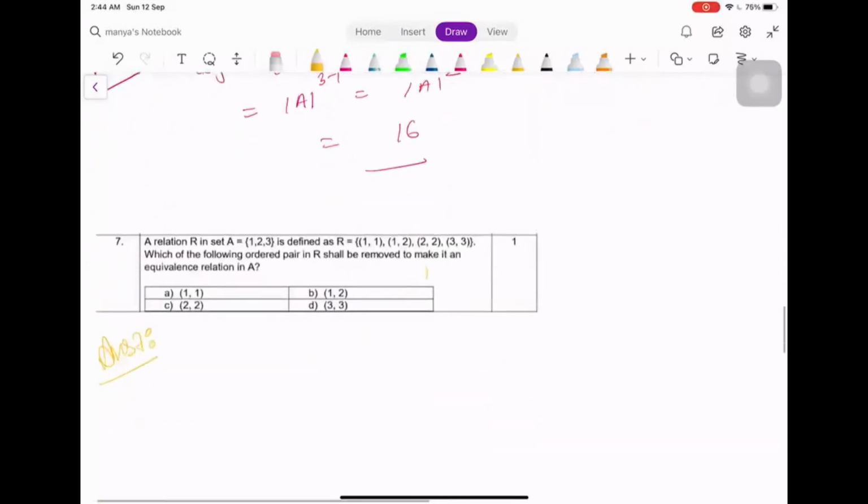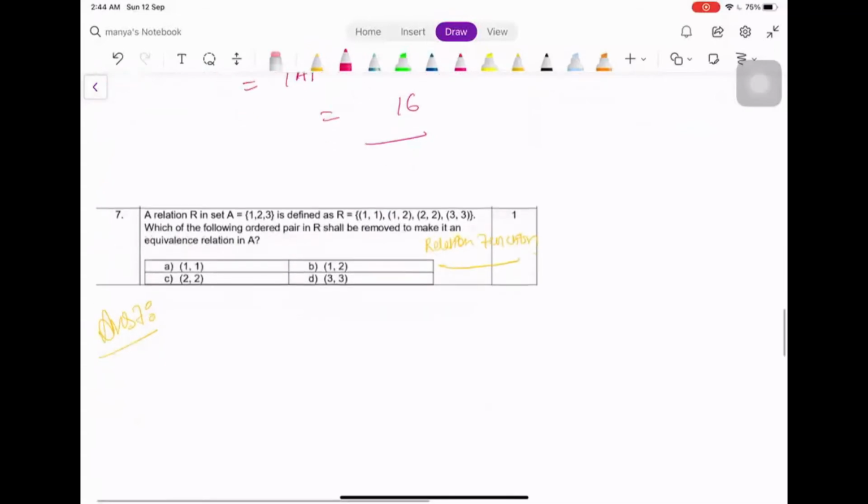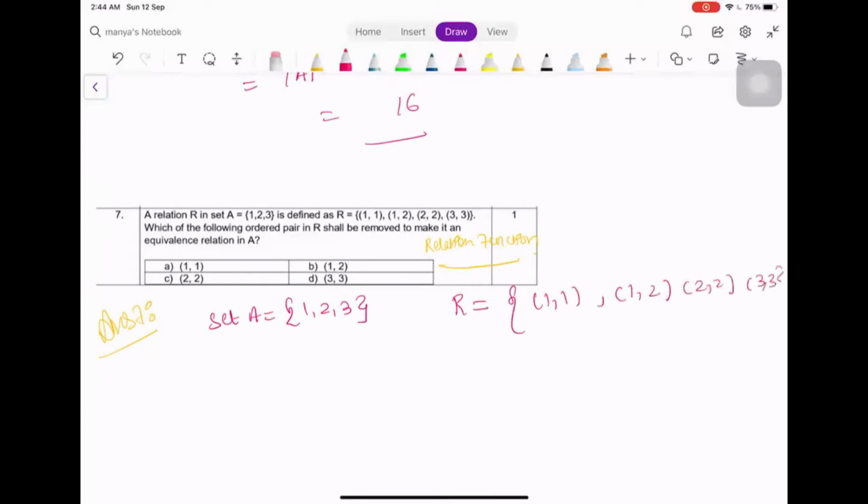This question is from relation and function. A relation R in set A is defined as R is equal to (1,1), (1,2), (2,2), and (3,3).